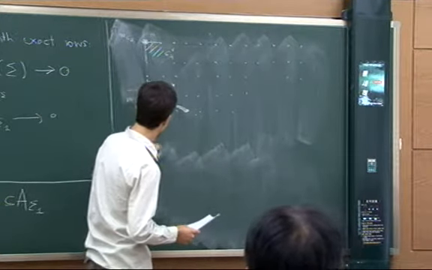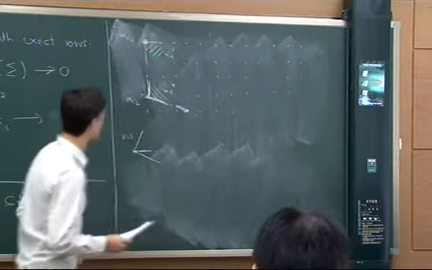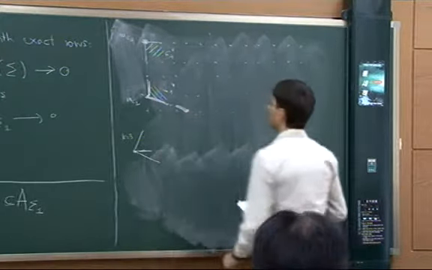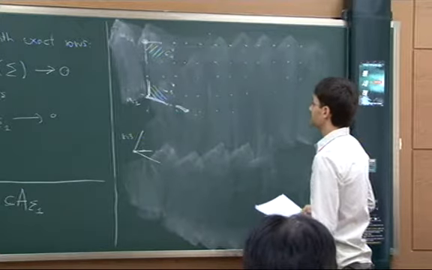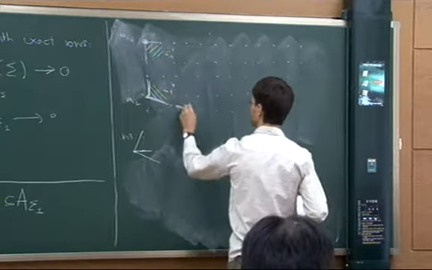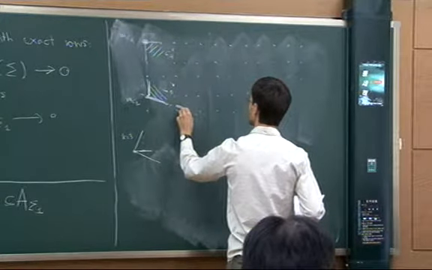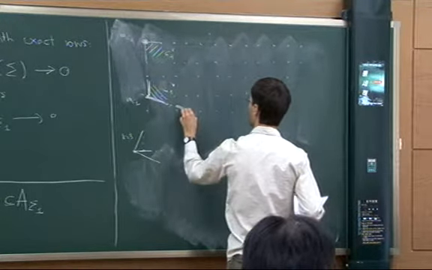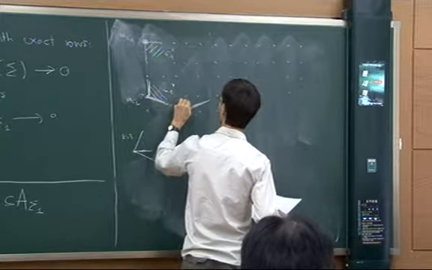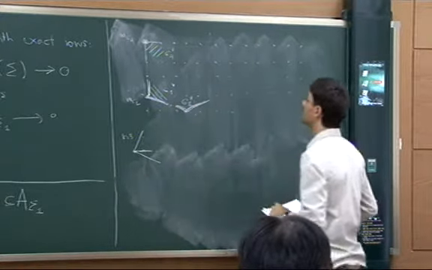So we have 3, 1. Yes, and the same for sigma 2. Here we have the same, and here is 2, 1. So it looks like this, sigma 2 dual.